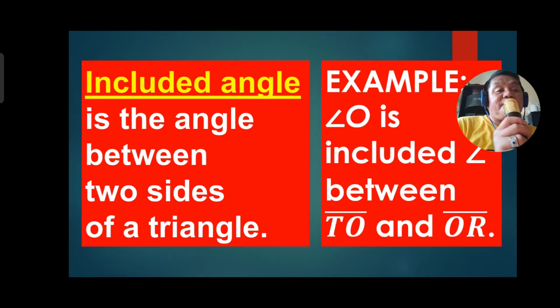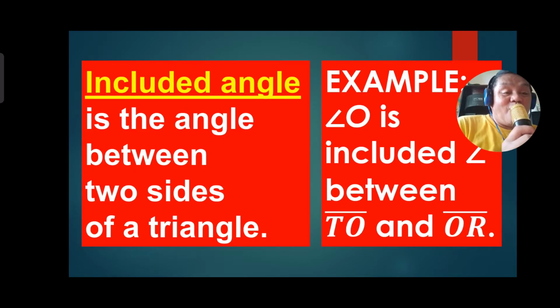For example, what is the included angle between side TO and side OR? Looking at the two sides, we have side TO and side OR. What is the common letter there?